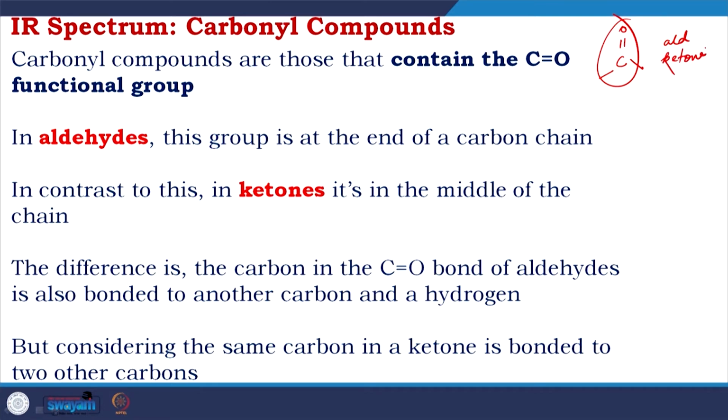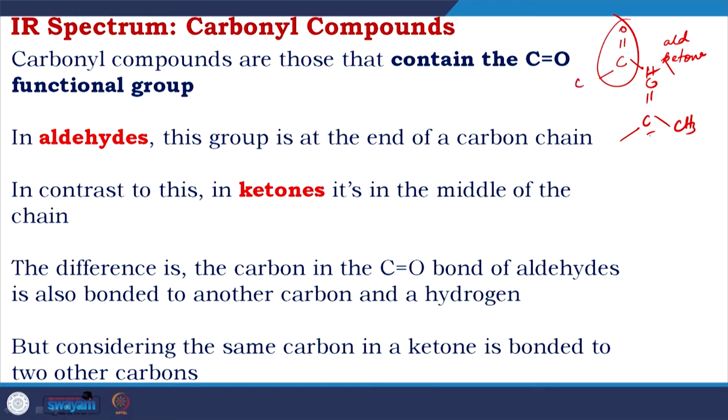In aldehyde, this group is at the end of the carbon chain, because after that it is hydrogen. In contrast to this, in ketone it is in the middle of the chain. The difference is the carbon in the C double bond O bond of aldehyde is also bonded to another carbon and a hydrogen, but the same carbon in a ketone is bonded to two other carbons.